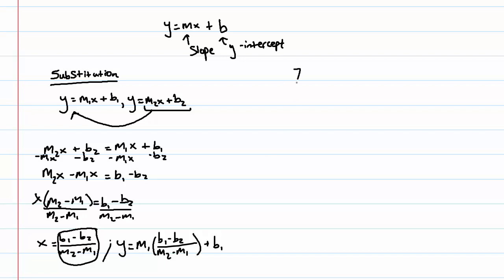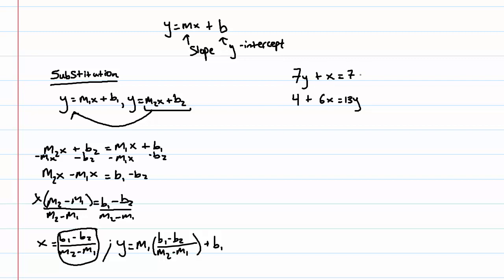If we have two equations, 7y plus x equals 7, and 4 plus 6x equals 13y, how can we solve this? Well, what we can do is take one of our variables, get it by itself, and plug it into another equation.